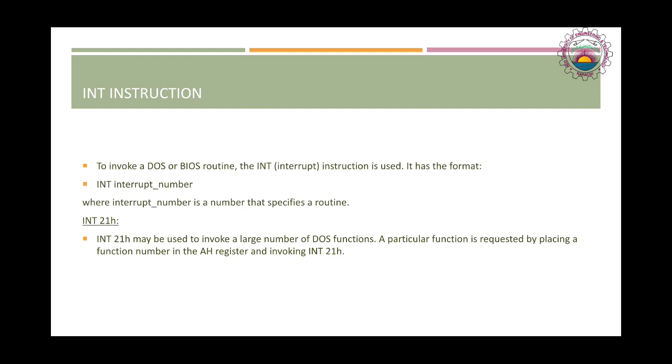The int instruction is used to call a DOS or BIOS function within our assembly language file. The format for the int instruction is int followed by the interrupt vector number. That vector number may be greater than or equal to 21 hex and less than or equal to FFH, or you may say it is an 8-bit number ranging between 21 hex and FFH.